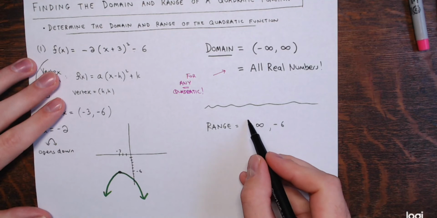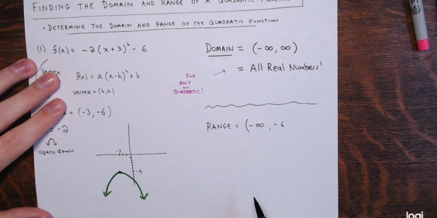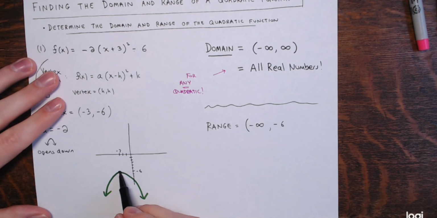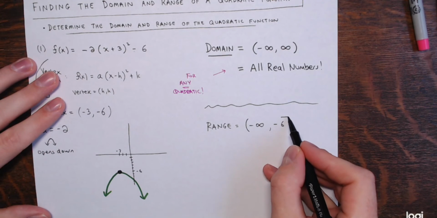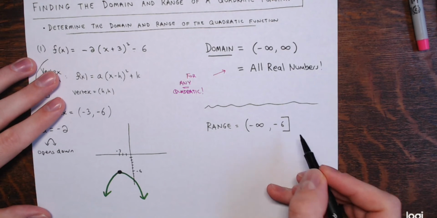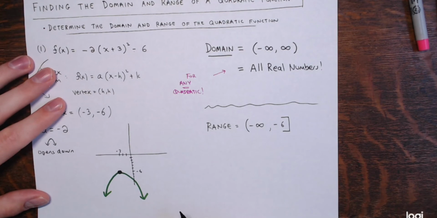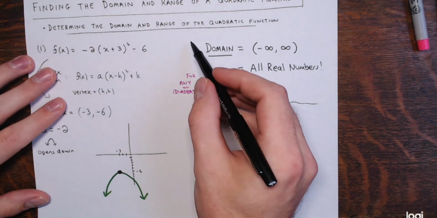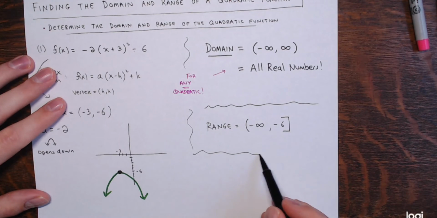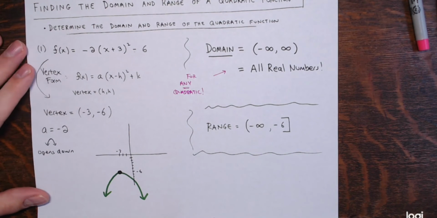Always parentheses on the infinities, they're not numbers. And -6 is the output, the y-coordinate for one point, so you put a bracket. -6 is included in the range. If it wasn't, you'd put a parenthesis. That's what they want from this example number 1.